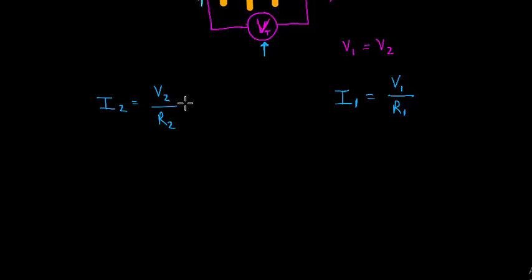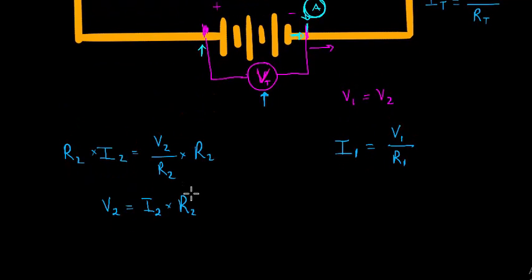And so if I multiply both sides with R2, I will get that the second voltmeter reading would be equal to the current in resistor 2 times the resistance of resistor 2. Now, say I have the resistance, where am I going to get the current?